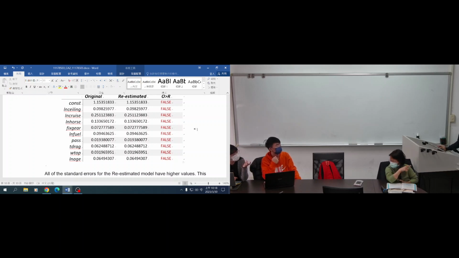I think this is the coefficient estimation. So it's actually totally different.